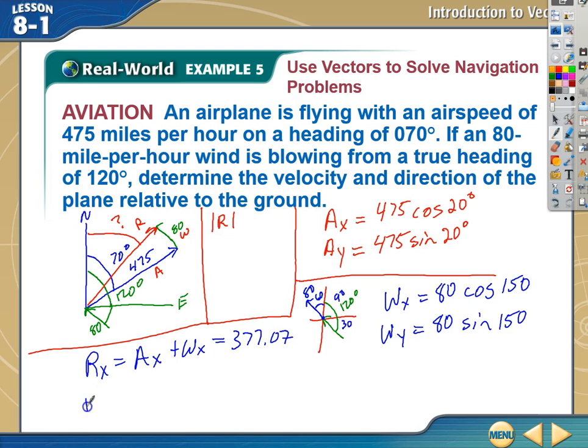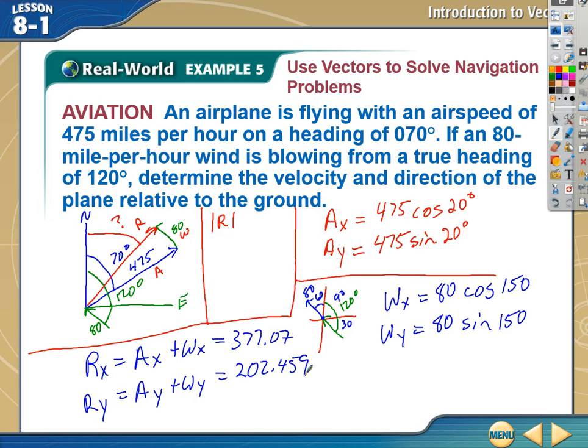And then RY is equal to AY plus WY, which is then tap, tap, tap away, 202.459.